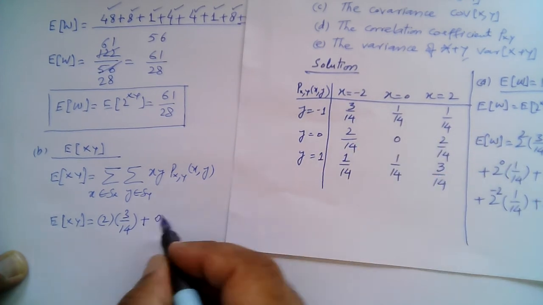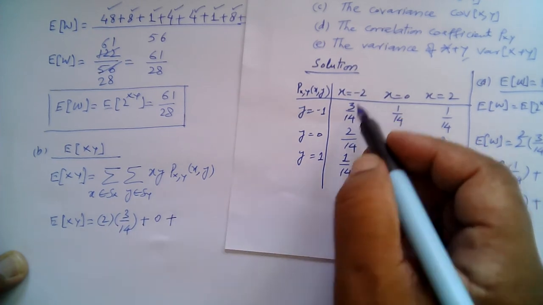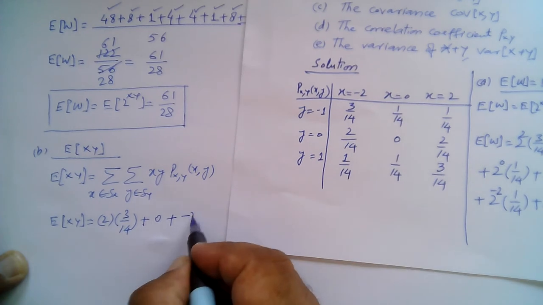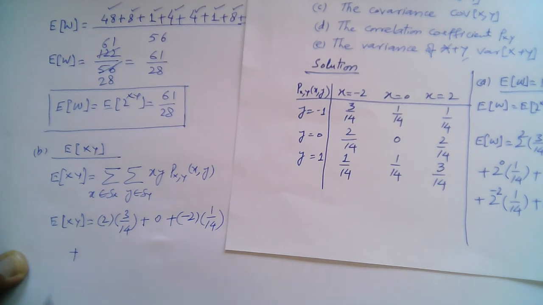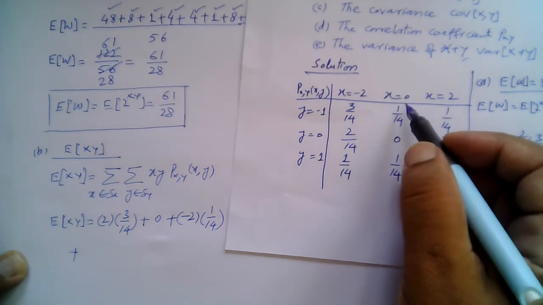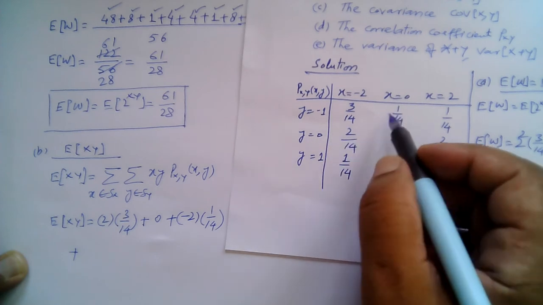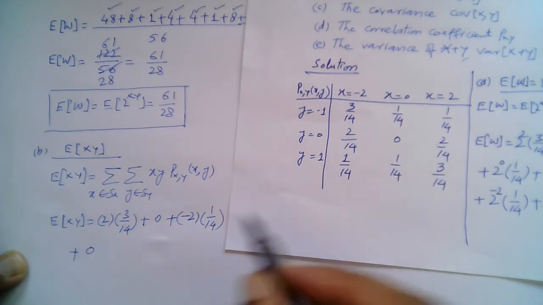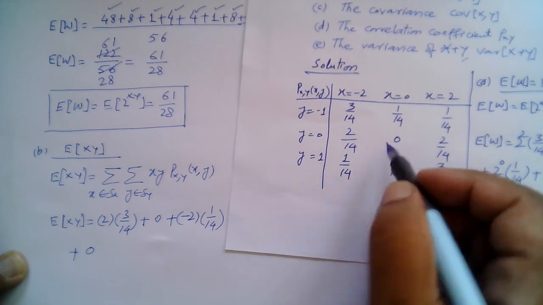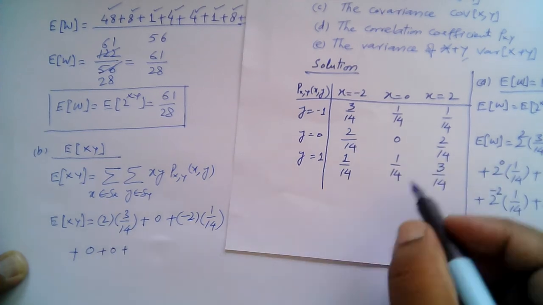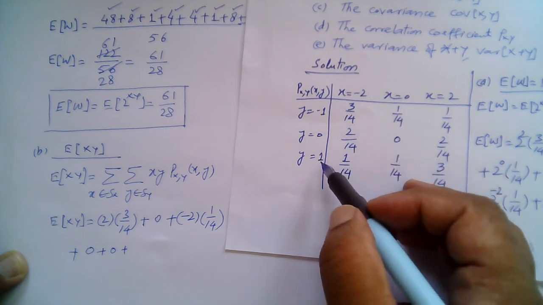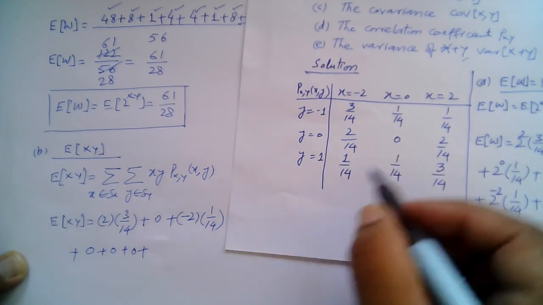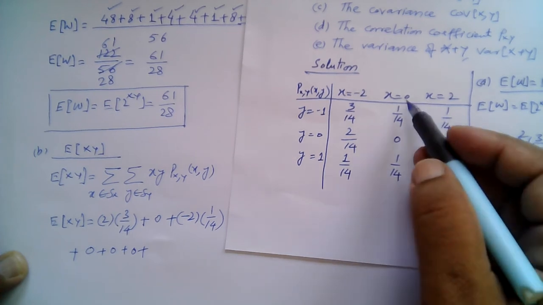This should be 0 here, multiplied with the corresponding value of the probability also, and then minus 2 into 1 is minus 2 and the corresponding value of the probability is 1 over 14, and plus we have x 0 and y minus 1, this should be 0, right? And then this should also be 0, and then x is 0, so multiplied by 1 is 0 and this is 0, right? This entire column turns out to be 0 because of this x is equal to 0.